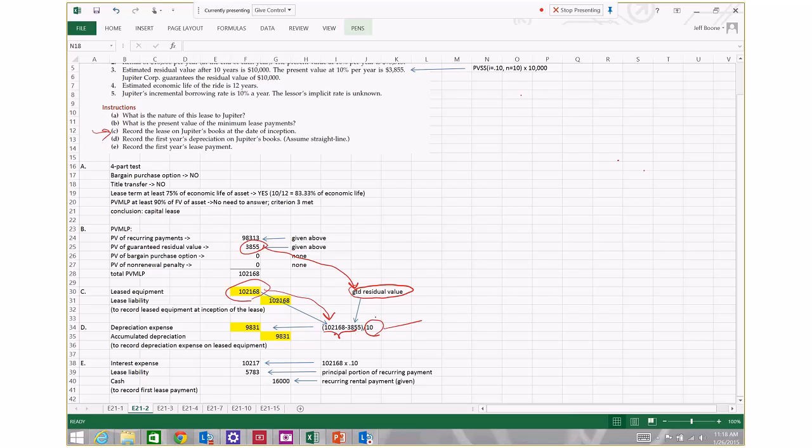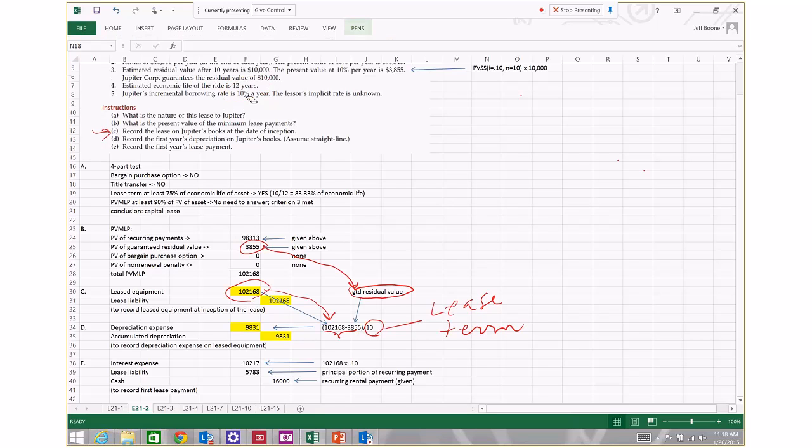If either of those two conditions are met, then the leased asset is depreciated over the economic life of the asset and not over the lease term. In this case, neither of those two conditions are met, so we're depreciating over the lease term and not over the economic life of the asset, which is 12 years.